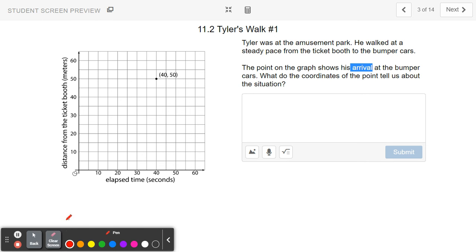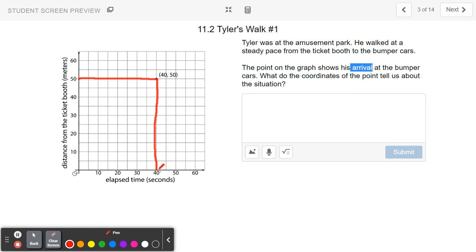So what I'm going to do here is take a marker and mark down, whoops, best I can, to the x-axis. And so this point tells me that in 40 seconds, right, because that's where it goes down here, and then now I'm going to trace it over here.